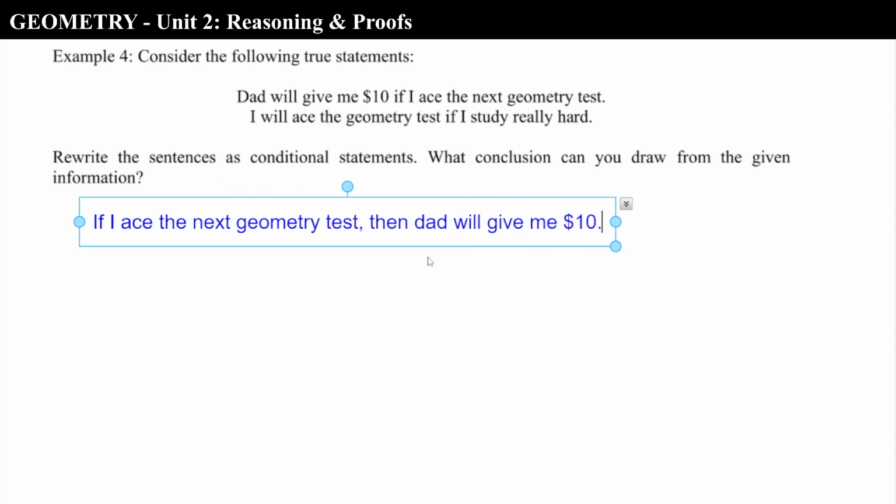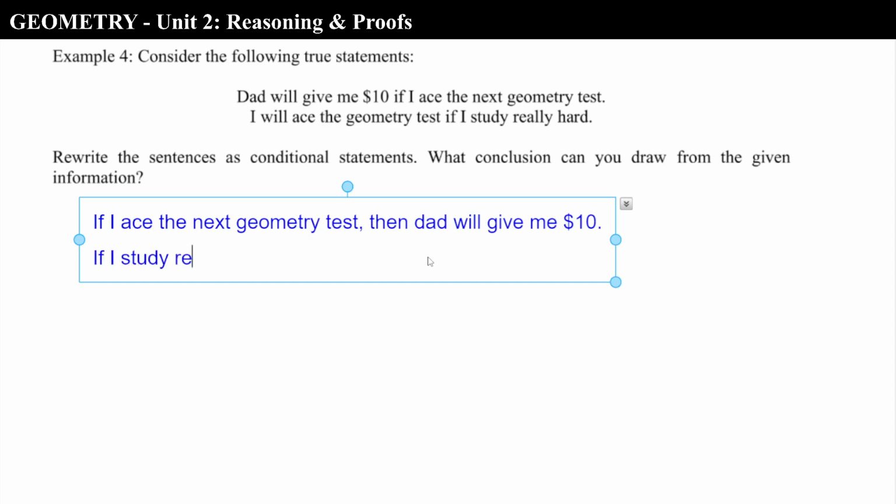Now, the reason that the hypothesis is I ace the next geometry test is because the result of that is that Dad will give me $10. So that's our conclusion. For the second statement, I will ace the geometry test if I study really hard. Well, there we've got an if in there, and if I study really hard, the conclusion is then I will ace the geometry test.